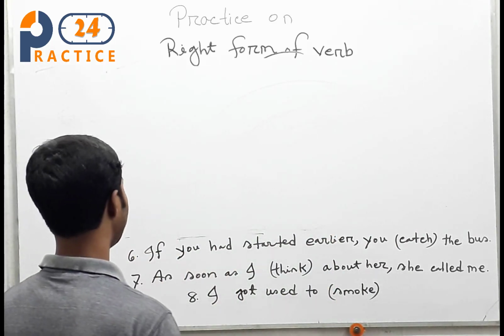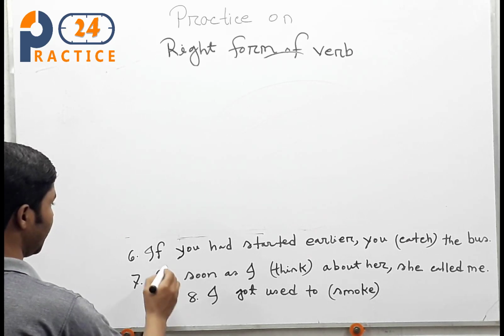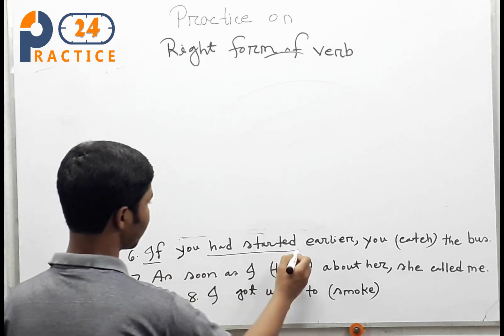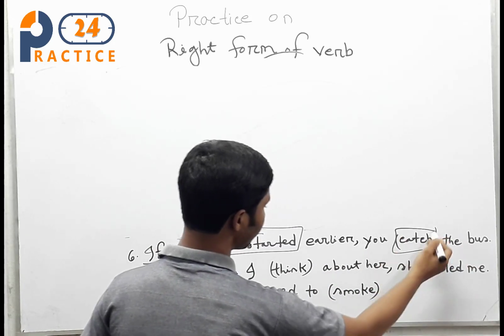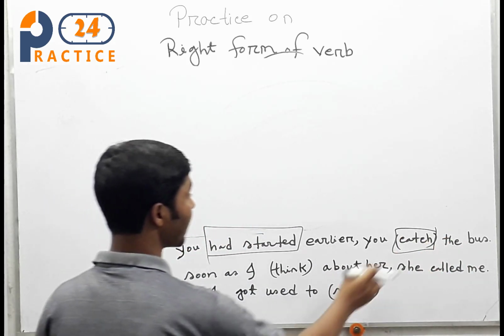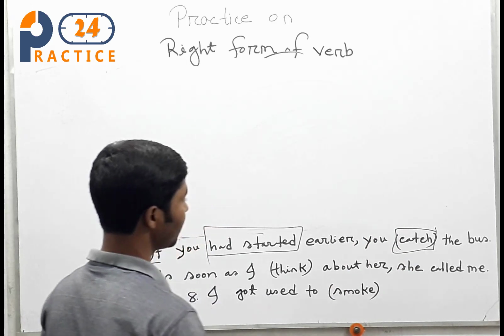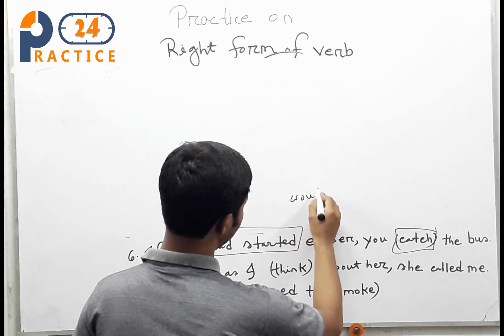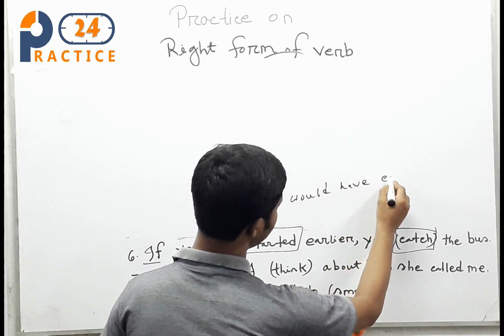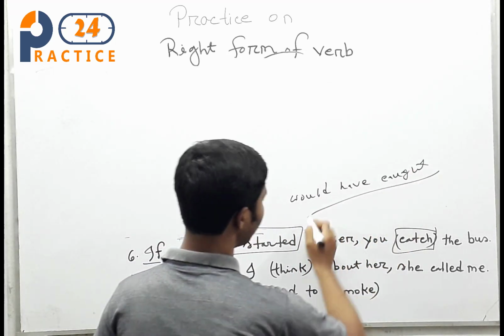Here is the next rule. What I'm writing here: if you had started earlier, you catch the bus. Here "catch" is the verb, and in writing the verb in the right form, you have to write "would have caught". Why "would have caught" here?